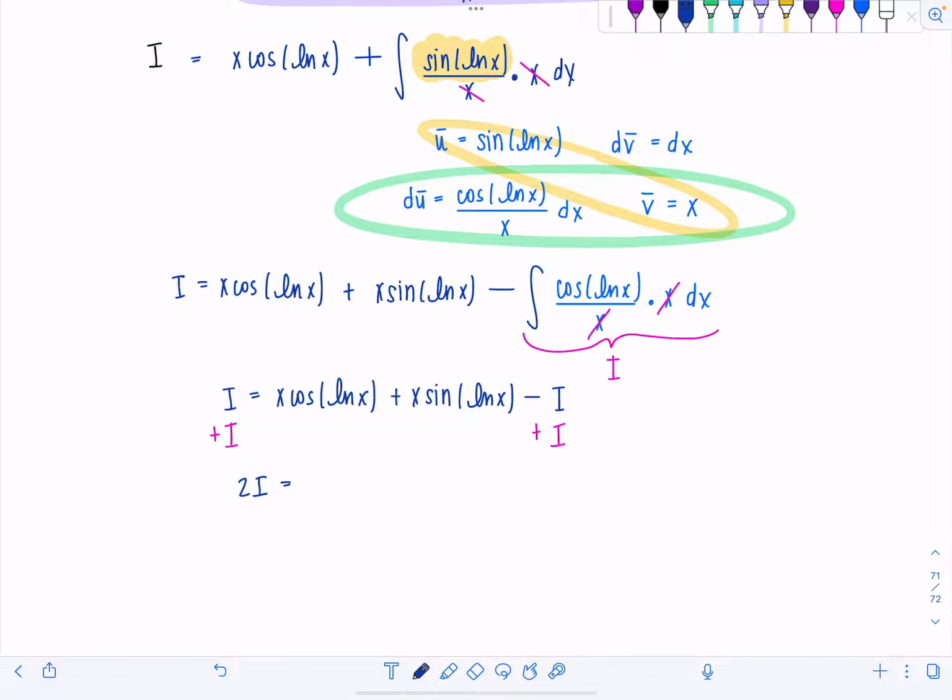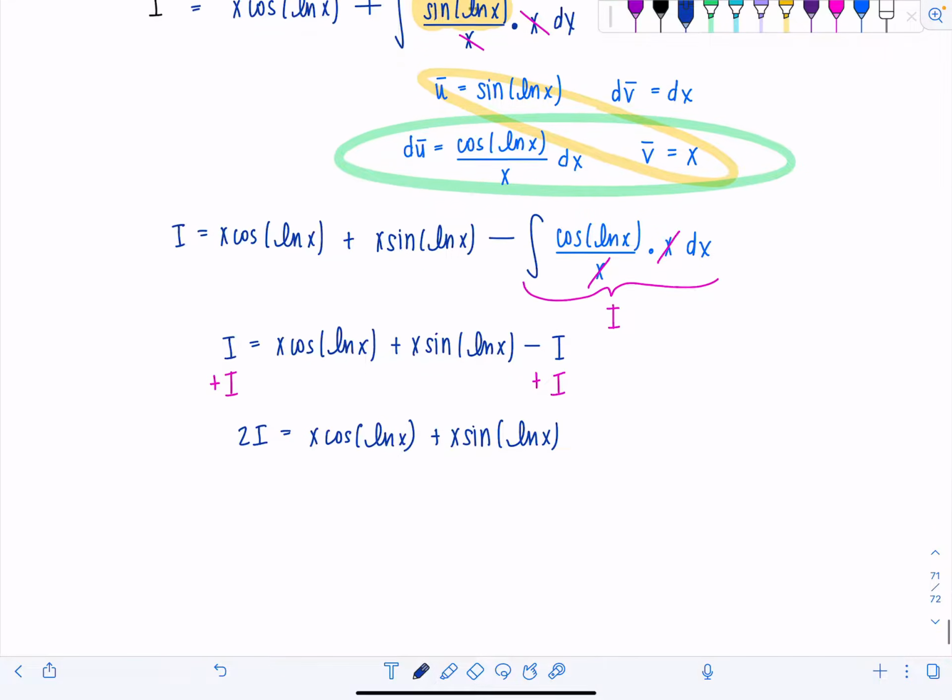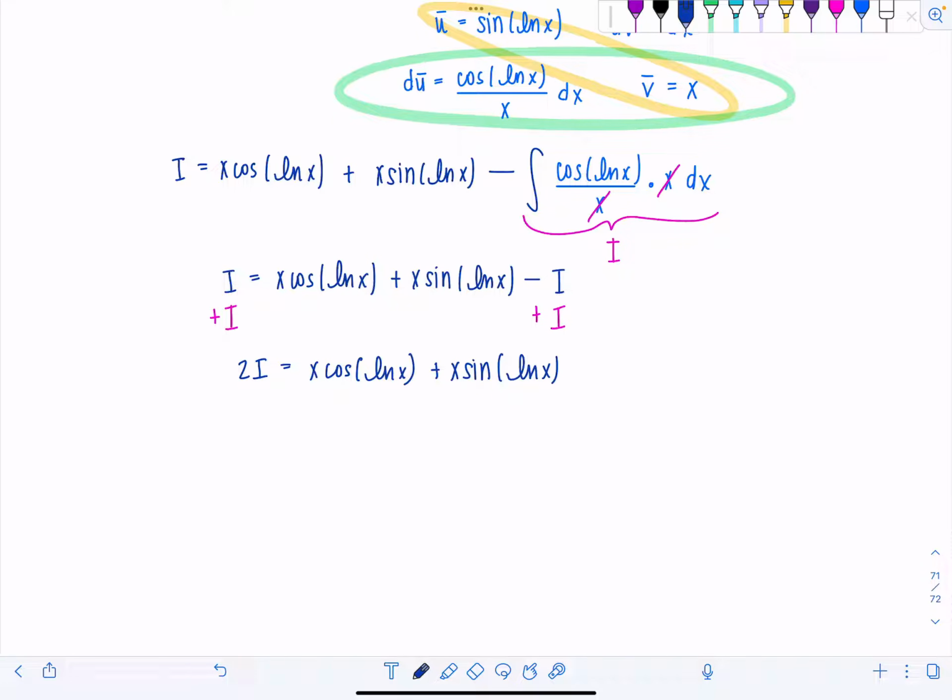2I equals x cosine natural log of x plus x sine natural log of x. That one's ugly. Let's fix it. Yes. And then last step, to finish the problem, we need to solve for I, get it by itself. So I'm going to multiply everything by a half, same as dividing by 2.